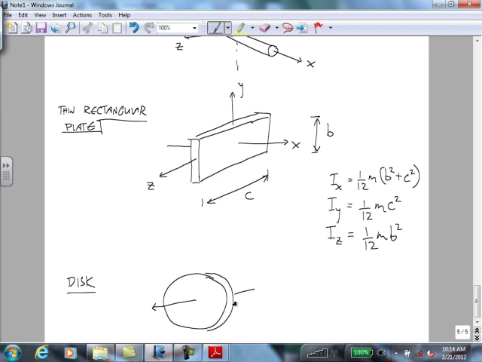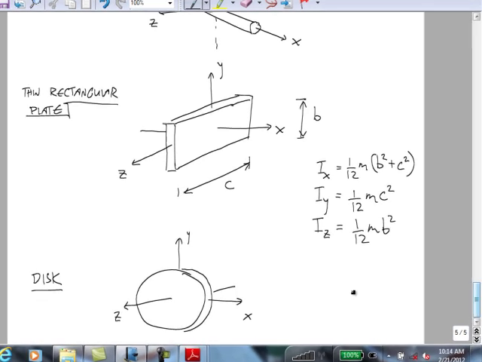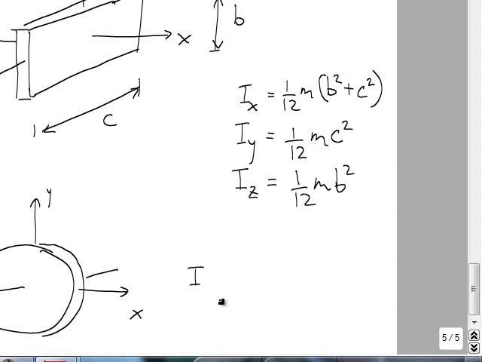Okay, so we know what the value is for the moment of inertia about the z-axis. That's the one we just calculated, that's mr squared over 2. But I don't seem to have the other two written down. I'll have to get those.